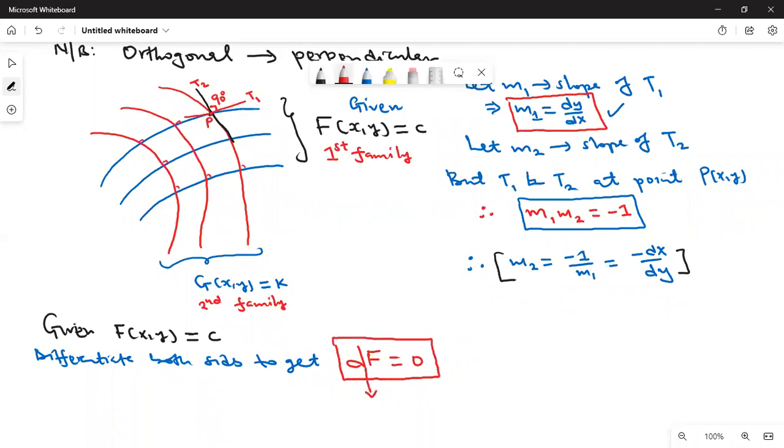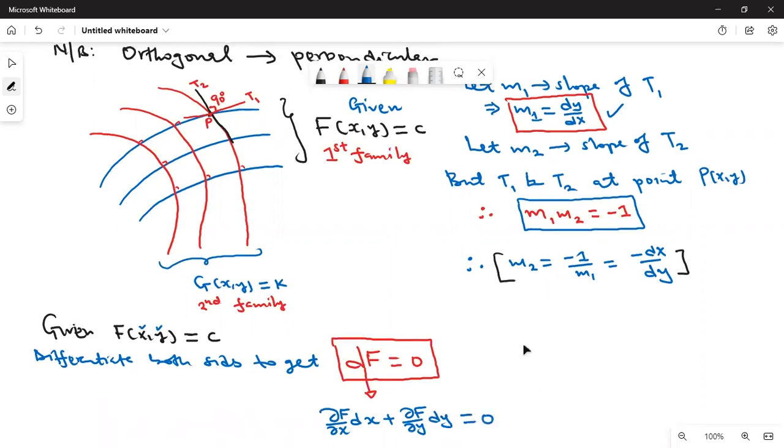And you can recall from differential calculus that when you have a function of two variables, like f is a function of x and y, the total differential of that function is the same as partial f with respect to x dx plus partial f with respect to y dy is equals to 0. You see, this one is an ODE.